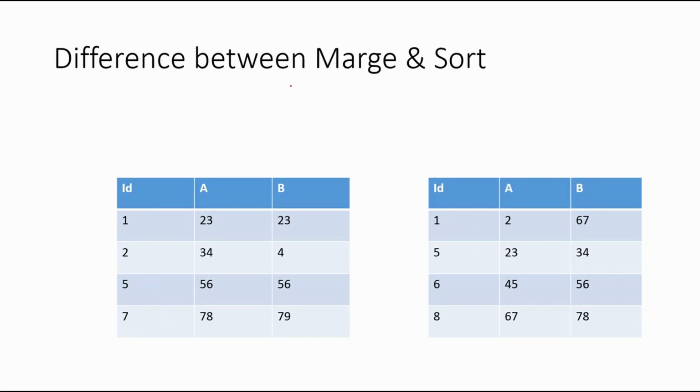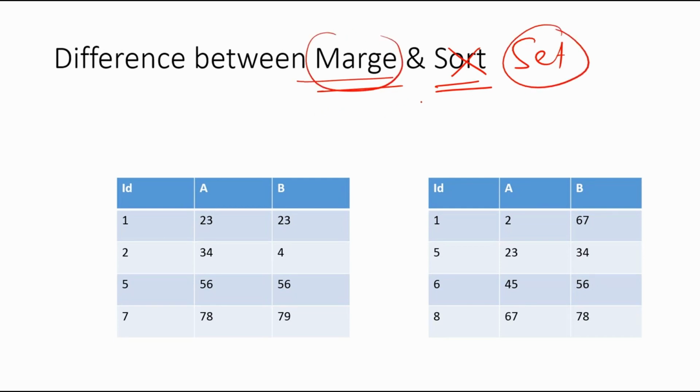Another question that is often asked is, what's the difference between merging and the set statement? Okay, this is just to make you confused. If you are familiar with the merge statement, you will never be confused with set. But people who are more familiar with PROC SQL, like I prefer PROC SQL over the merge statement, sometimes get confused between merge and set statements.